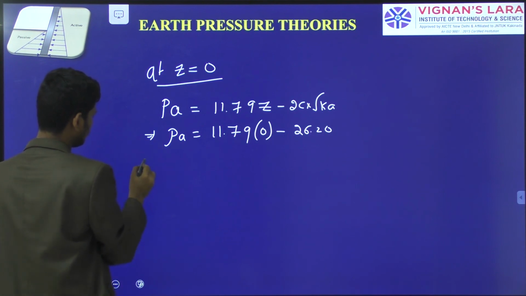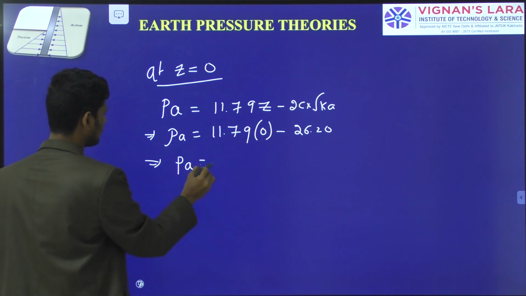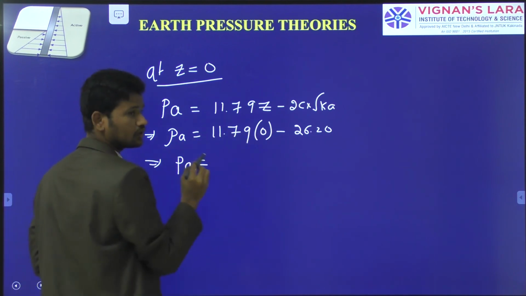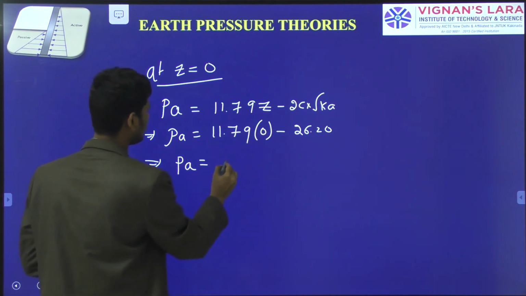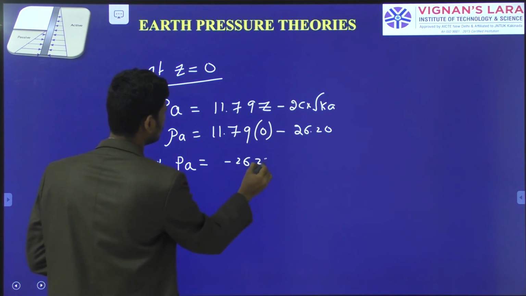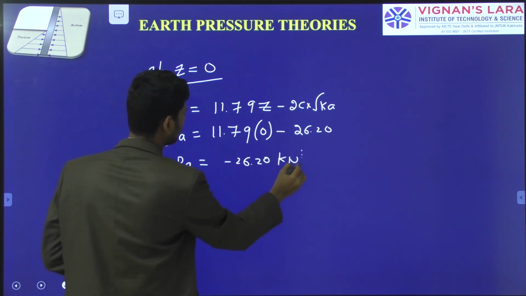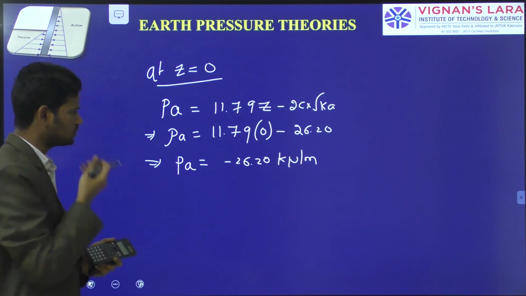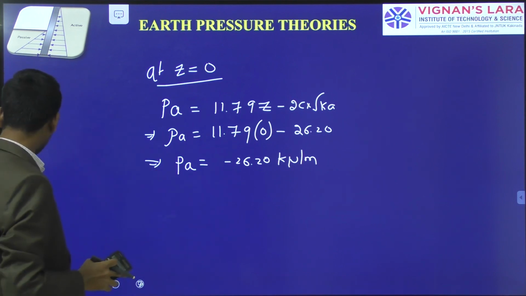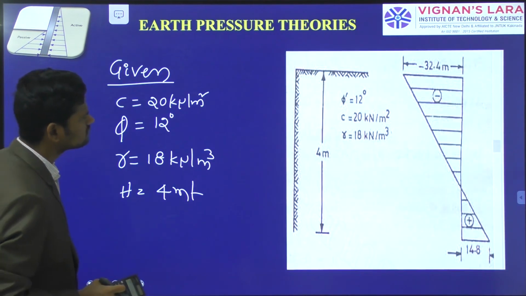That means the active earth pressure at the top of the wall is 0 minus 26.20 kilonewton per meter.